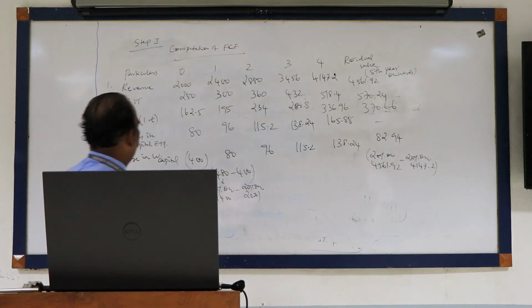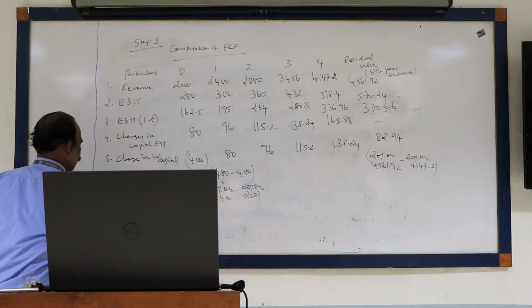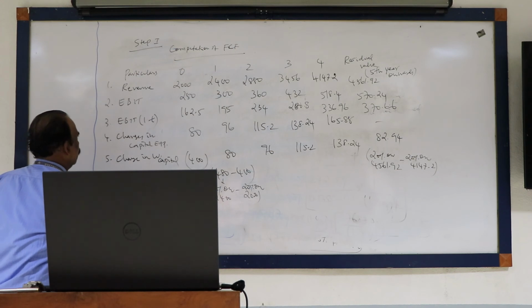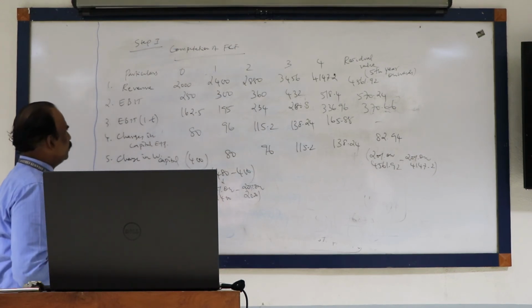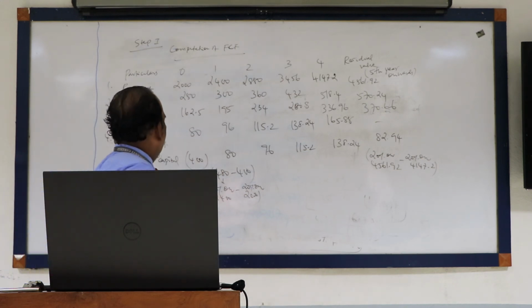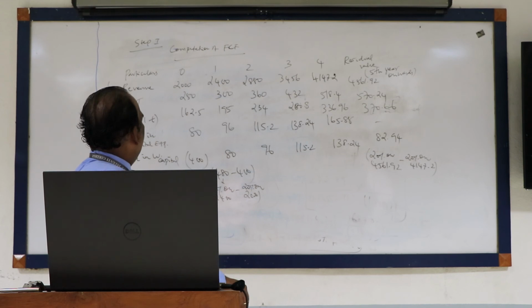Okay, so now we can calculate the FCF. So FCF is 3 minus 4 minus 5, that is EBIT into 1 minus tax, minus the other two items. For the base year, you cannot calculate. The first year will be 195 minus 96 minus 80.